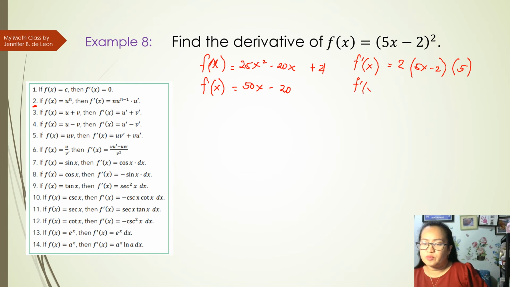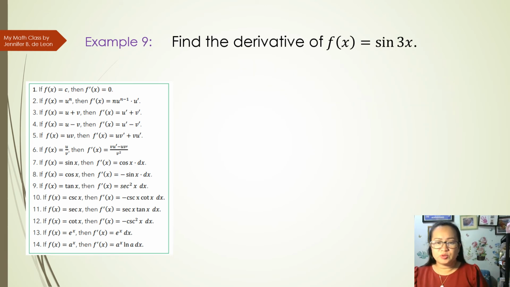Therefore f prime of x is equal to, okay, let's distribute now. We will have 2 times 5, 10, okay, and then simplify further to check if we have arrived at the same answer. So we will have 50x minus 20. So it's the same as this.